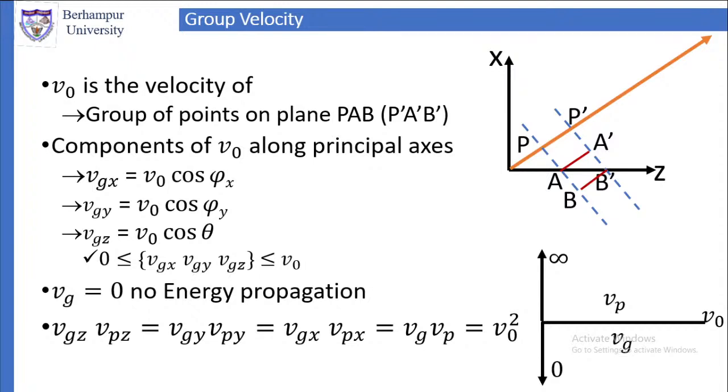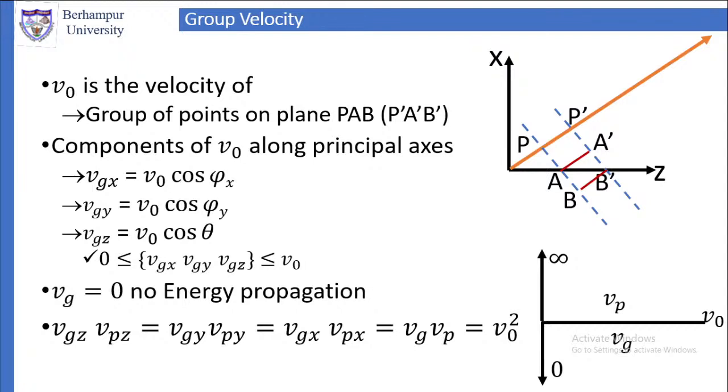Under that condition, Vgx is equal to V0 cos Px, Vpx is equal to V0 by cos Px. Therefore, their product Vpx into Vgx is equal to V0 cos Px into V0 by cos Px. Cos Px in the numerator and denominator cancel out, giving V0 square. Similarly, Vpy into Vgy equals V0 square, and Vpz into Vgz equals V0 square.